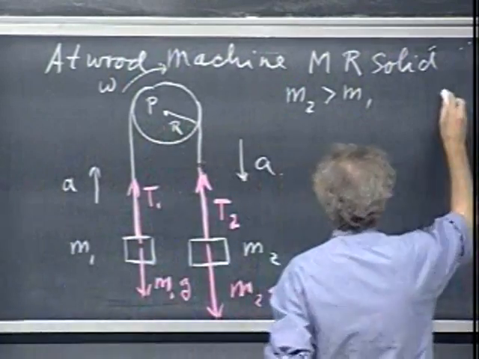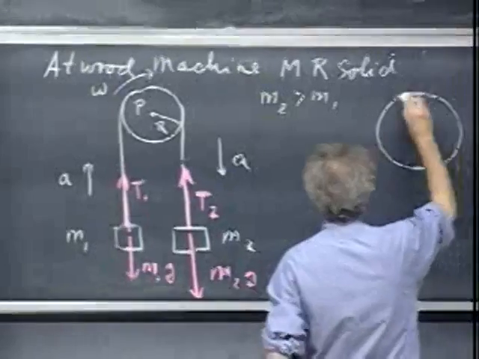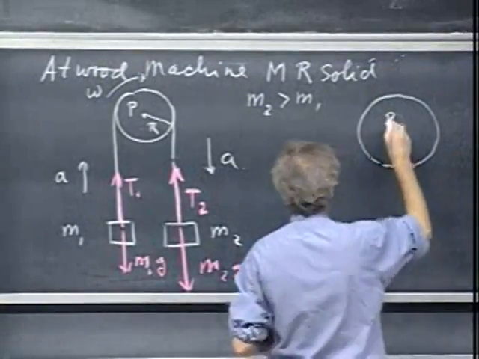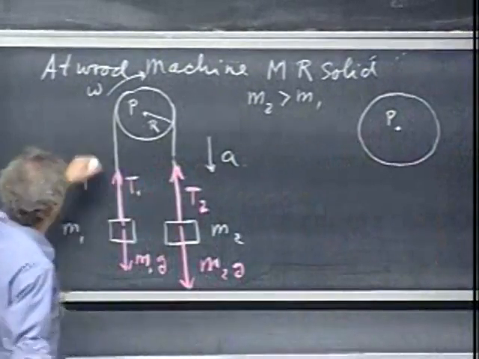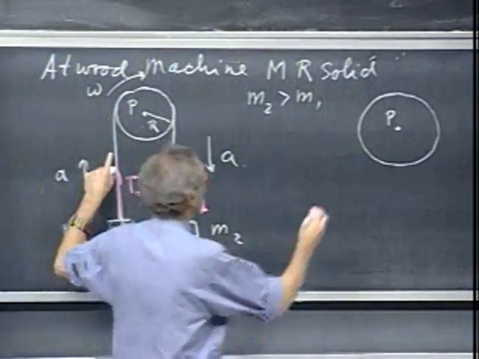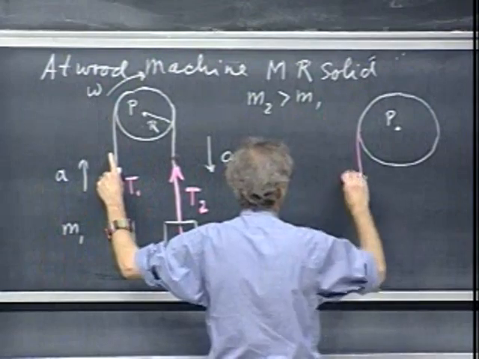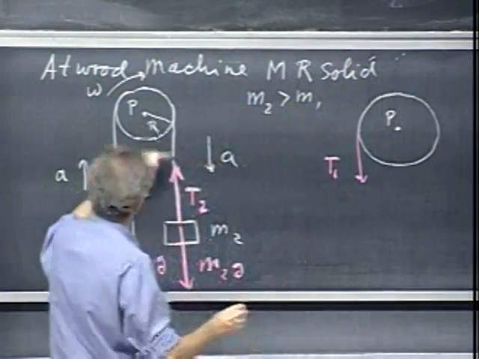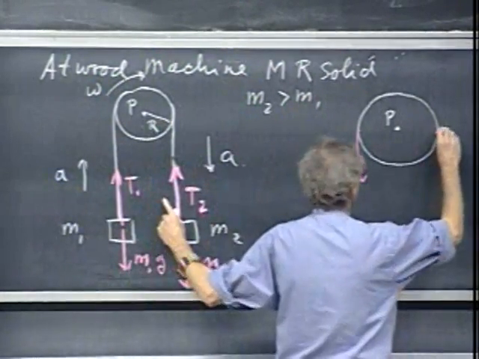For the pulley, it's a little bit more complicated. This is that point P. Here's a tension T1, it's pulling down on the pulley. And this T2 is pulling down on the pulley. So there's T2.